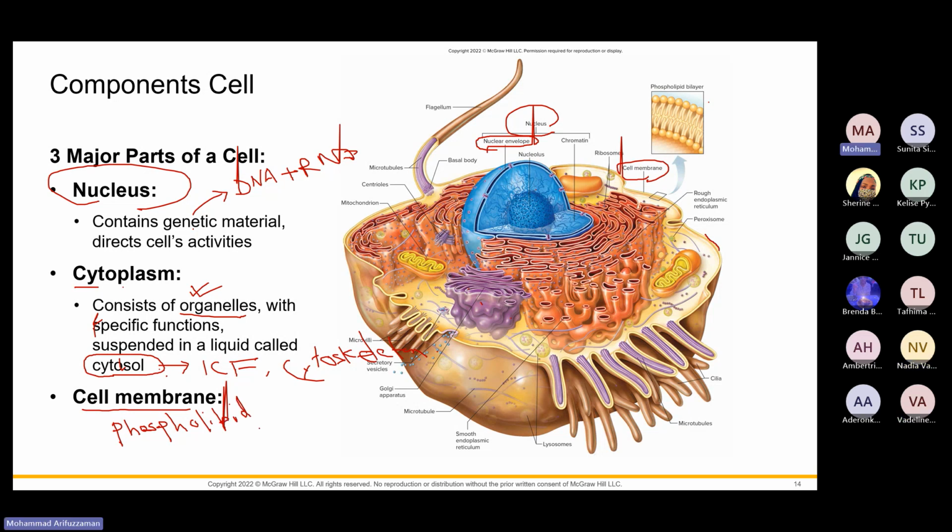It is also composed of proteins, lipid, cholesterol, and some glycoproteins and glycolipids. So these are the composition of the cell membrane. So a composite cell has three parts: nucleus, cytoplasm, and the cell membrane.